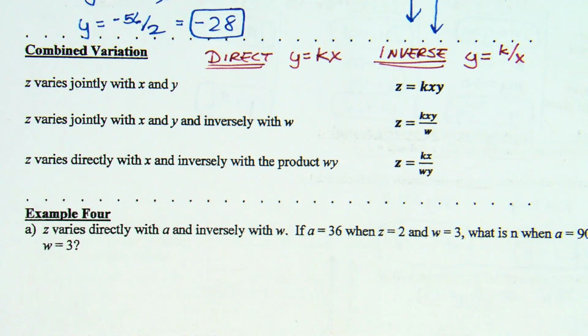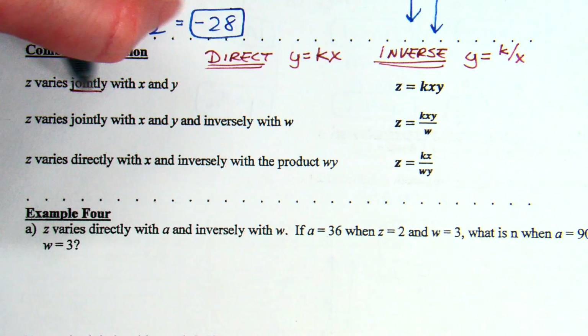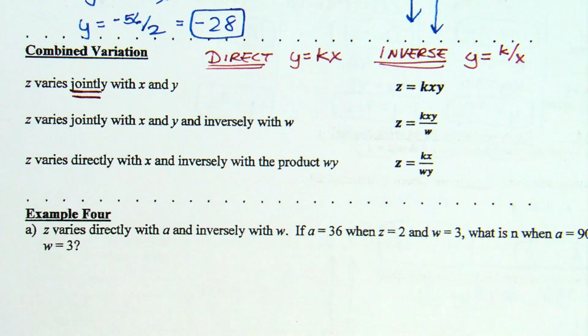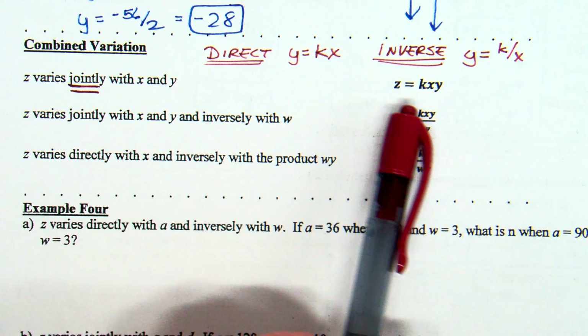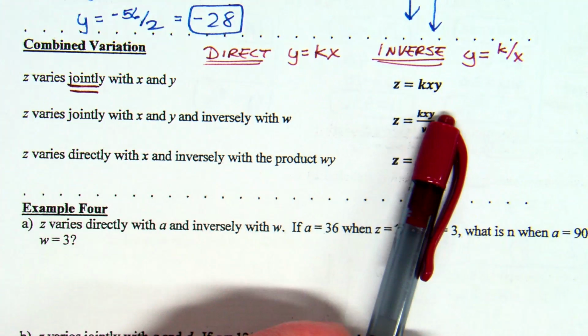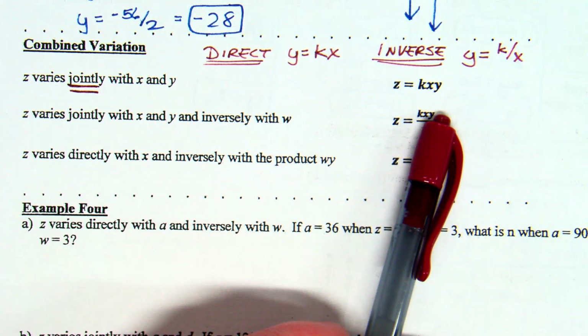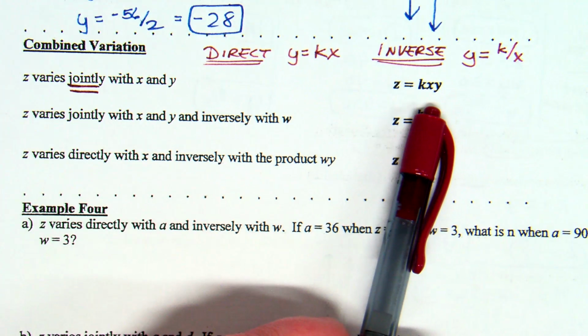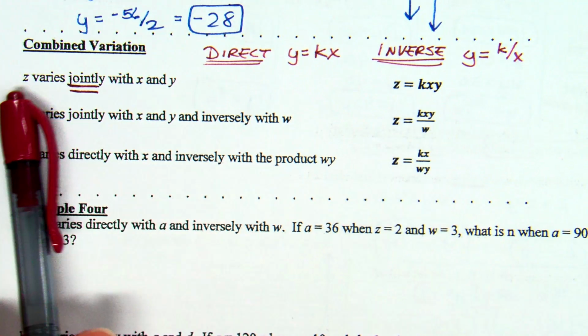Now, the idea right here, when it says z varies jointly with x and y, notice what it says. It's z equals k times x times y. What is this basically a bigger example of? Direct. Okay, the idea here is z varies jointly with x and y.